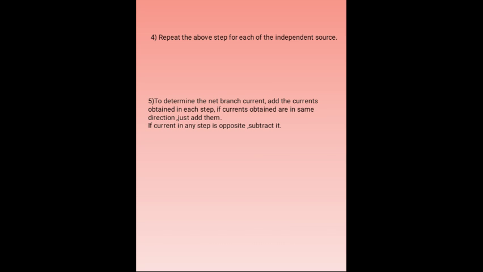If the current in any step is obtained opposite, subtract it. It means the net current is the algebraic sum of all the currents obtained in each step. If any current is flowing in the opposite direction, that current will be subtracted.